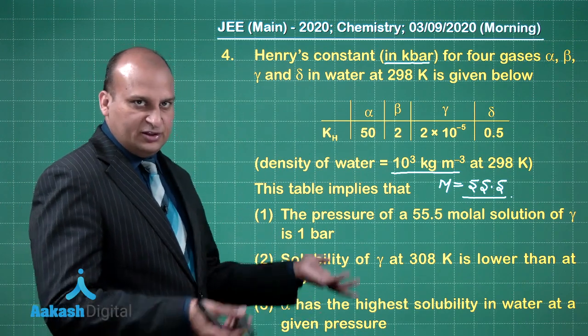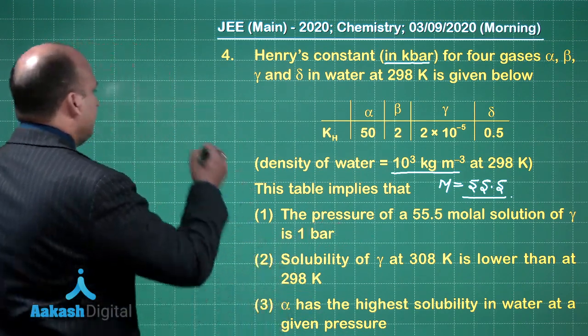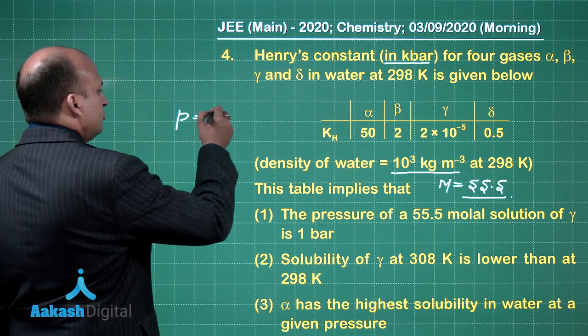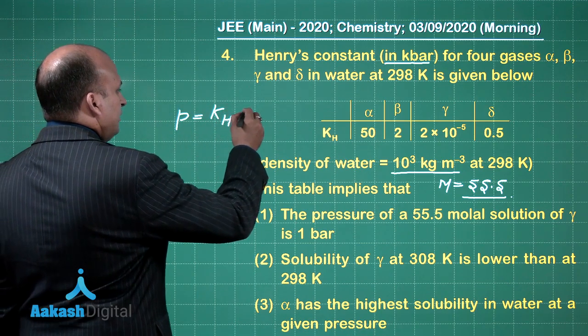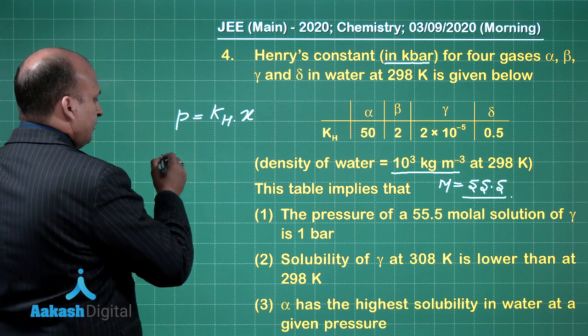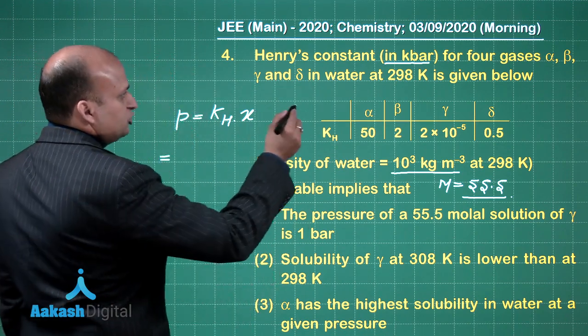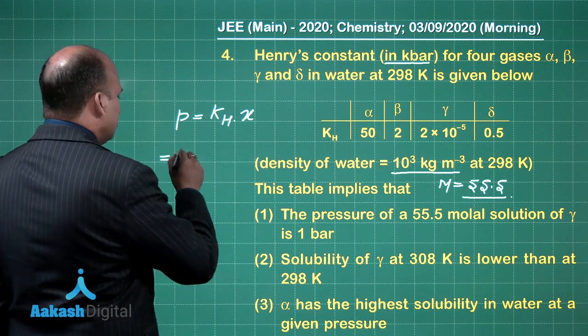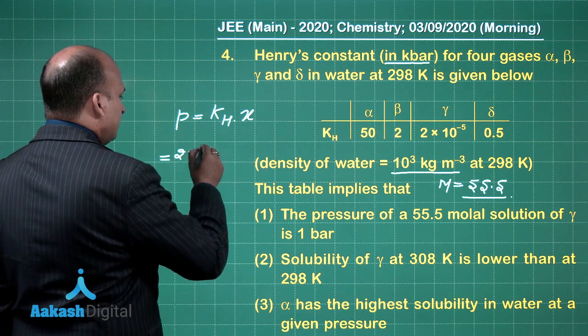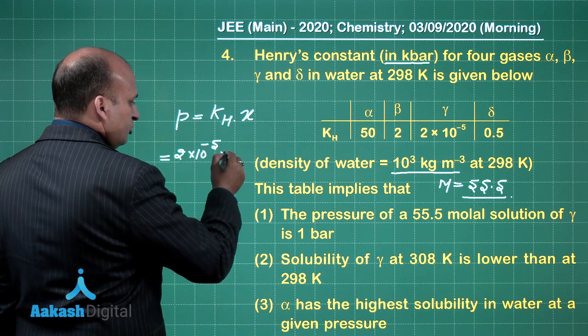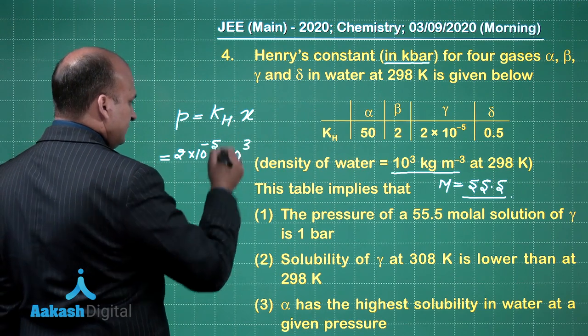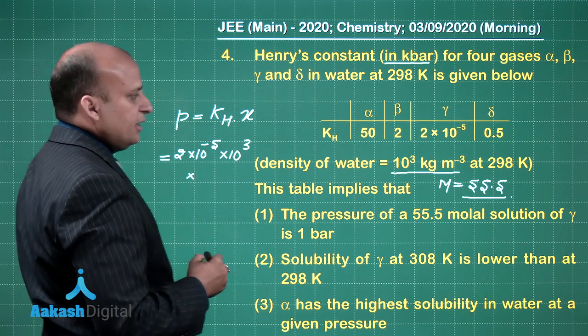So how do you check whether this is correct or not? So we'll say P is equal to Kh into chi. Alright. What is the value of Kh, my dear friends? For gamma, it is given to be 2 into 10 raised to power minus 5, but kilobar. Since it is kilo, I multiplied by 10 raised to power 3, multiplied by chi. How do you calculate it?